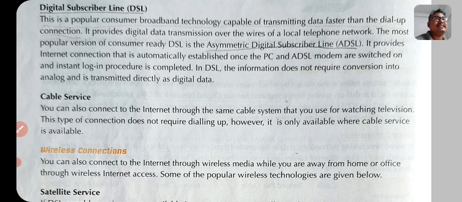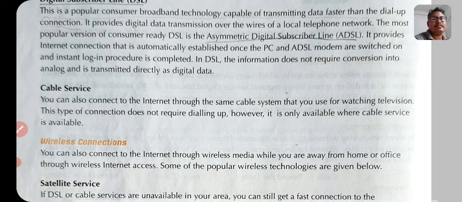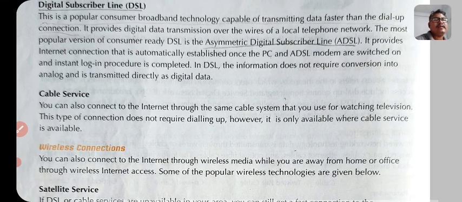Because of that, data is broken into pieces, sent as an analog signal, collected as an analog signal, then converted into digital. So digital data is converted from digital to analog, then analog to digital. But in digital subscriber line, you need not face that problem. You can send direct digital data once your PC and ADSL modem are on.